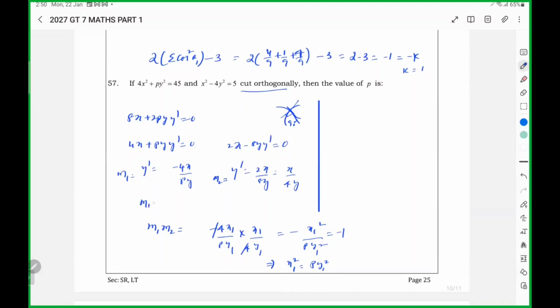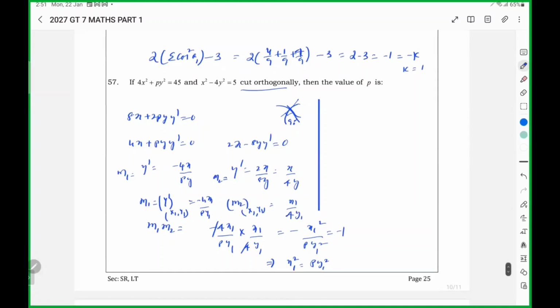So m1, y dash at x1 y1, m2 at x1 y1 is x1 square minus 4y1 square is 5. So this is one equation, but still one more variable is there.